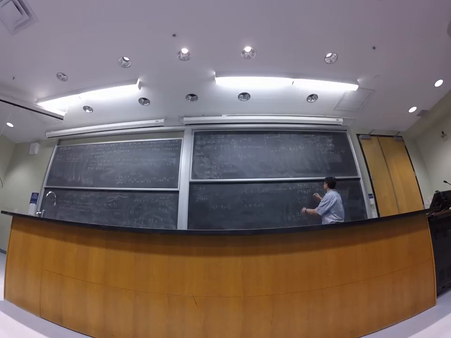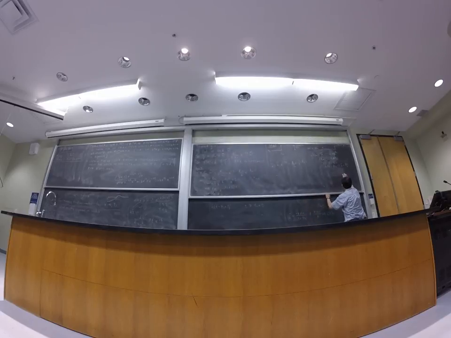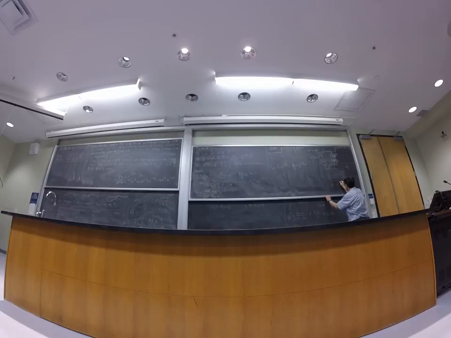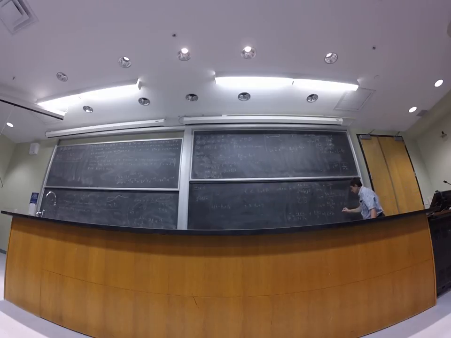So remember the dictionary, we have that e to the minus AT becomes 1 over S plus A. So H of t is going to be minus K delta U times e to the minus 1 over tau times t. What about K delta U over S?